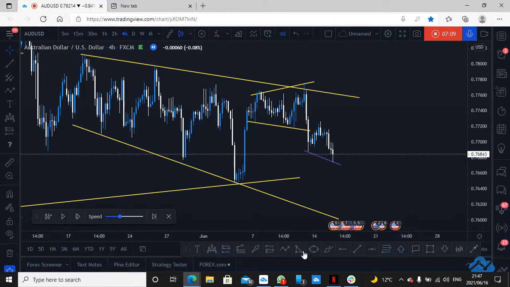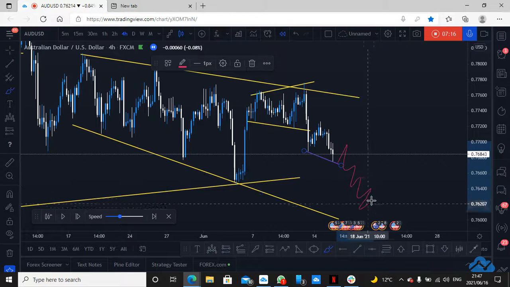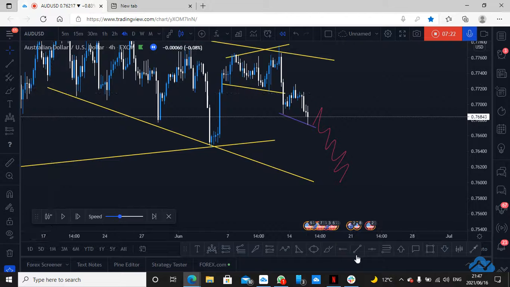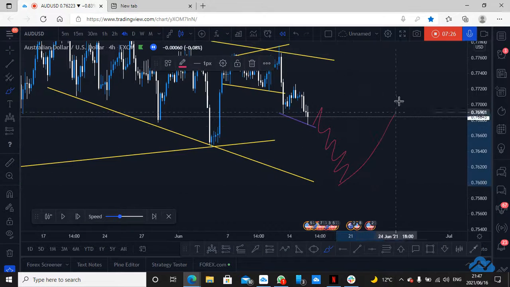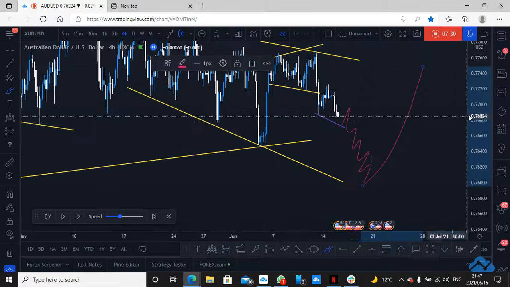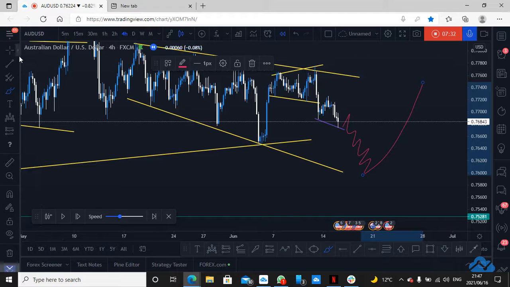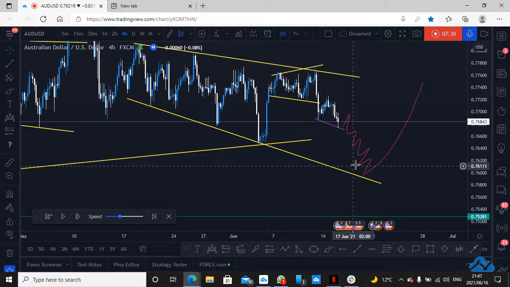I was actually expecting price to move that way and then correct like that, right? Give us that correction. And what I was looking for in that correction was a buy. Initially I was hoping for a buy if price gave us that correction coming to these levels here, right?